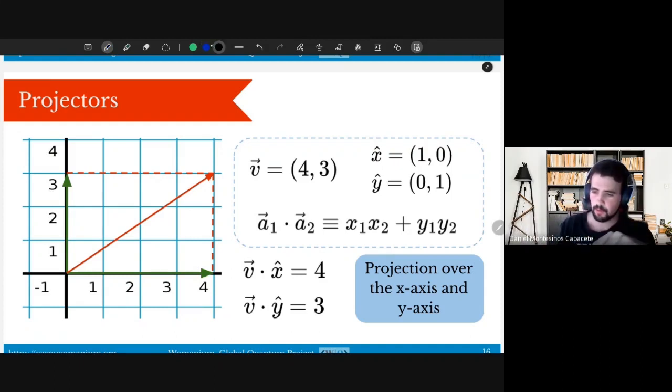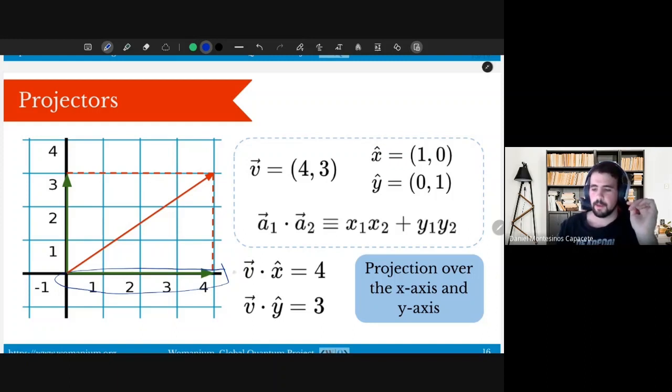So imagine that you have your vector B, this vector over here. I don't know what you call this in high school, but I will call this the X projection, since it's the part of the vector that is on the X axis, right? And I could also call this the Y projection, since this is on the Y axis, the vertical axis, whatever you want to call it.